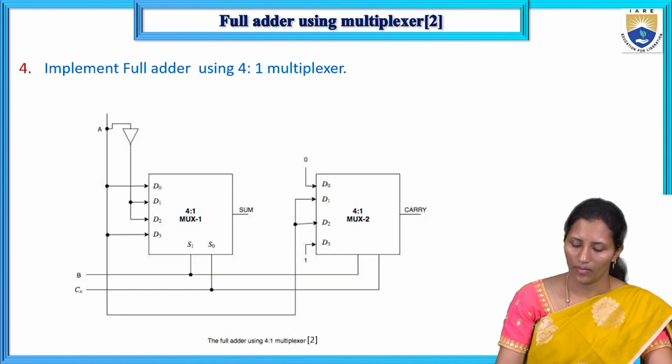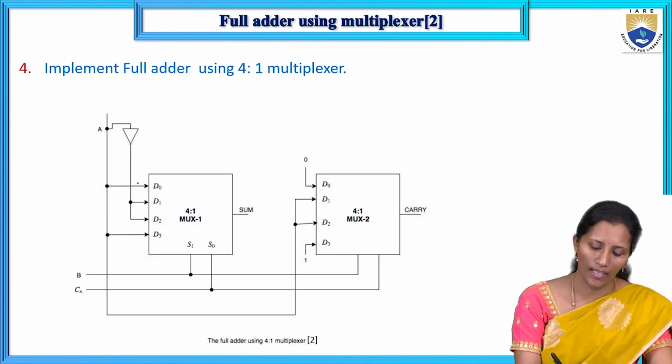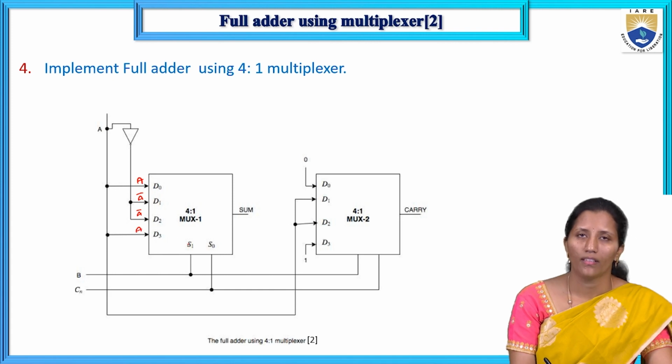So here, A bar, A bar, A are the inputs to the 4:1 multiplexer to produce the sum.